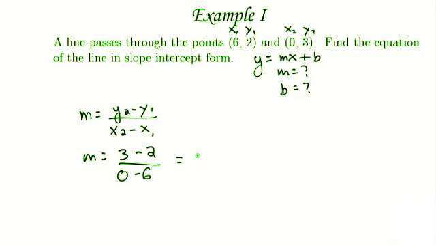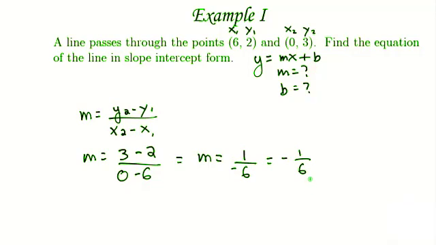Go ahead and simplify that to find that the slope equals 1 divided by negative 6, or negative 1/6. So I have the first item that I need. I know that the slope is negative 1/6.